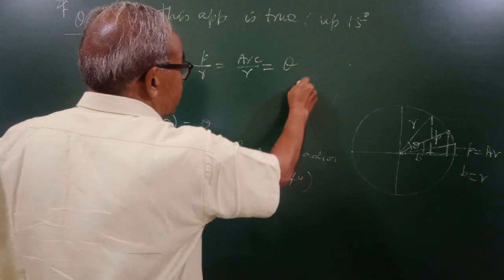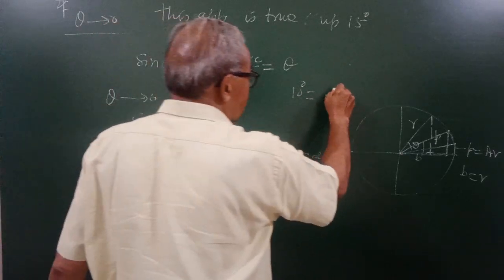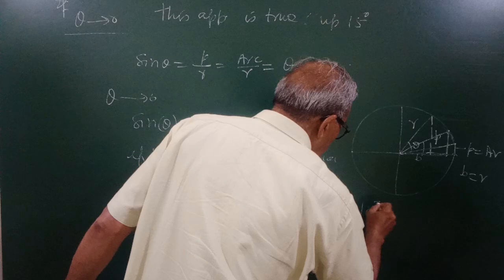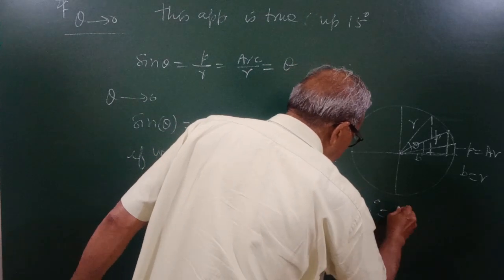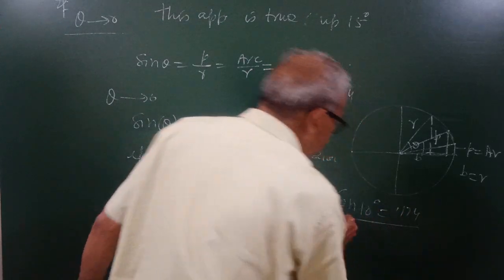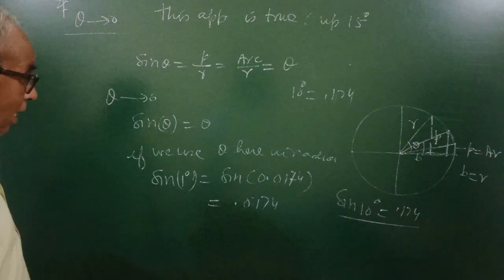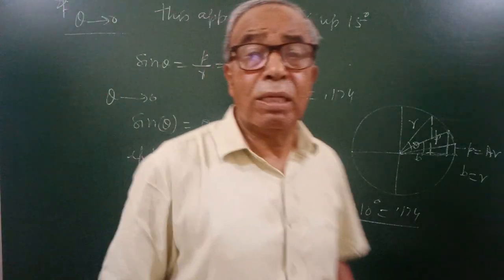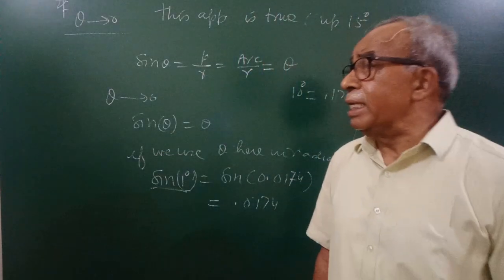For 10 degree, in radian it is 0.174, or if you see the table for sin 10, you will get close to 0.174. So the mistake is that we keep on thinking in degree, while in physics the unit of angle is radian.